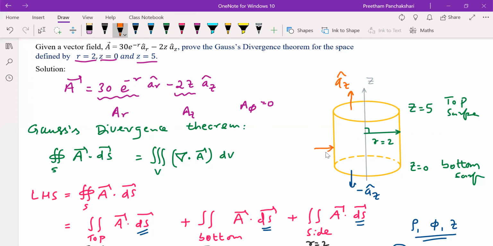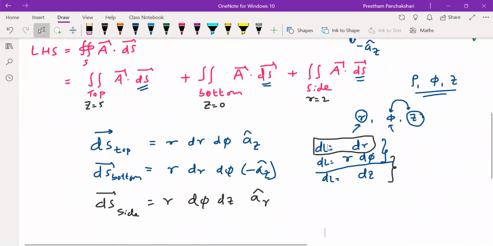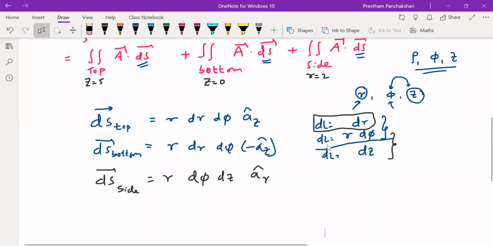But the cylindrical side has a perpendicular direction of a cap r, the radial direction. So the top and bottom surfaces have unit vector a cap z to represent the direction, and the cylindrical side a cap r. So these three elements are very useful for us to perform closed surface integration.